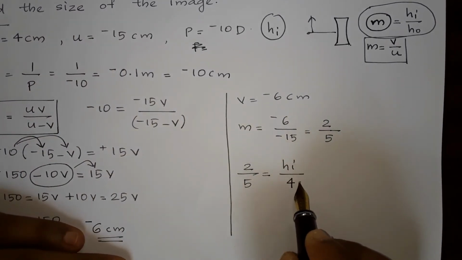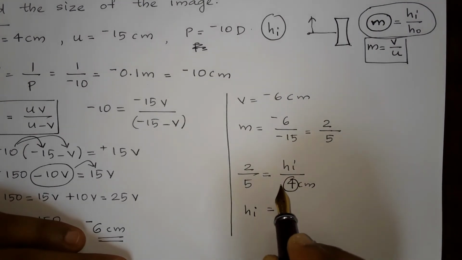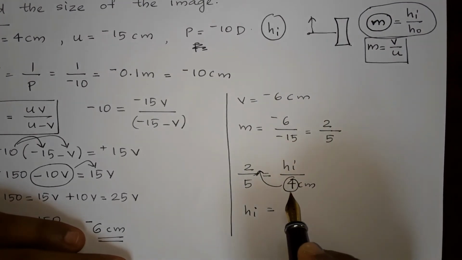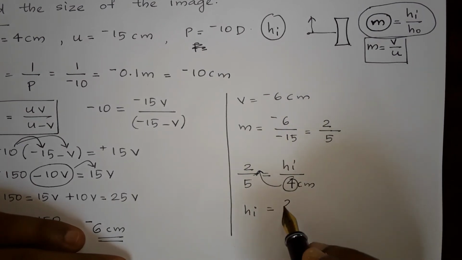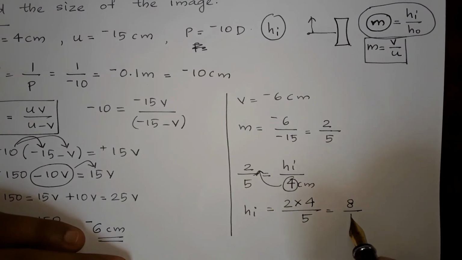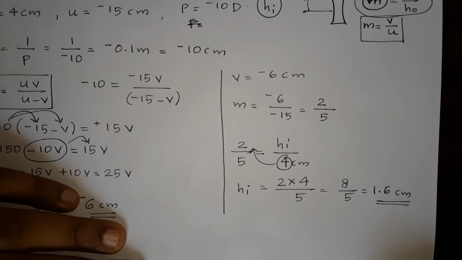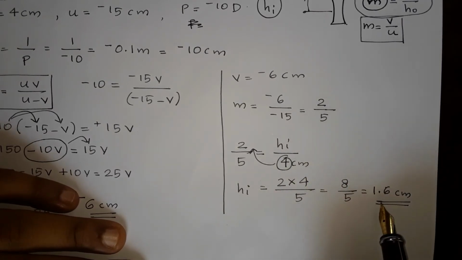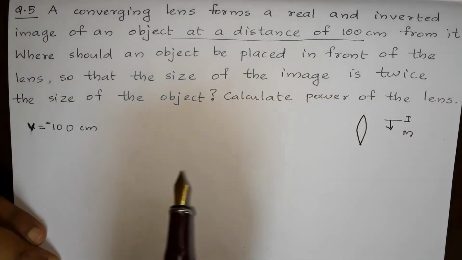So what is HI? This 4 is to be taken to the next side. Here it is divided by, so when it moves to the next side it will become multiplied: 2 into 4 by 5, that is 8 by 5. Thus we will get the height of the image as 1.6 centimeters. This is the last question of our video.